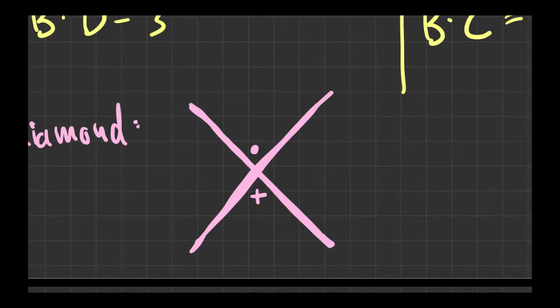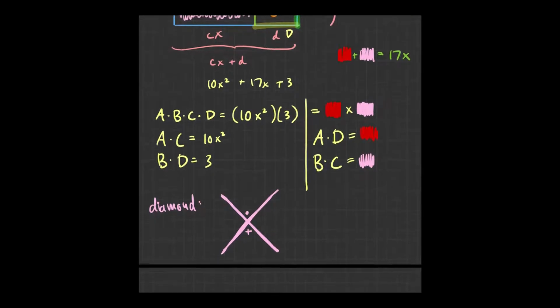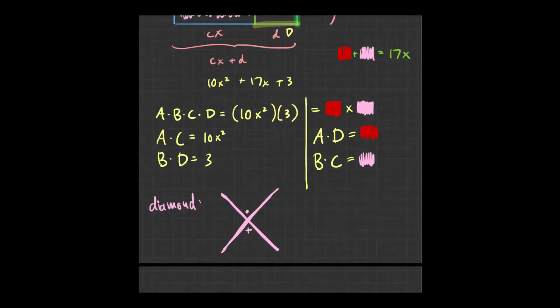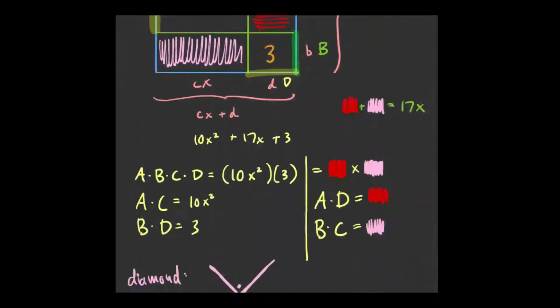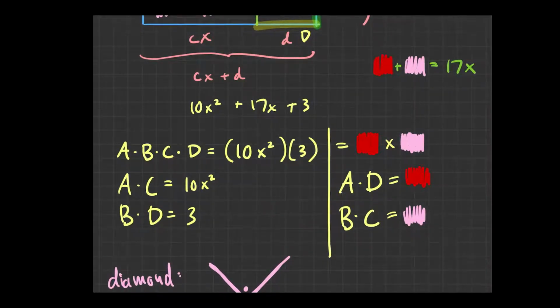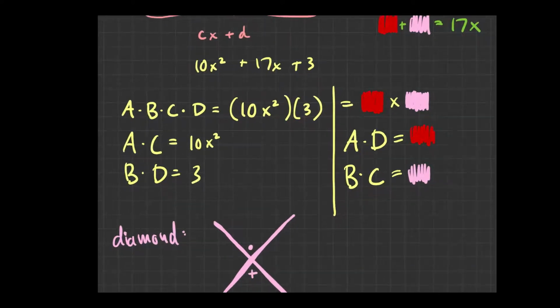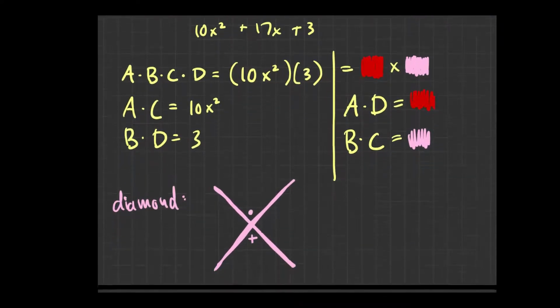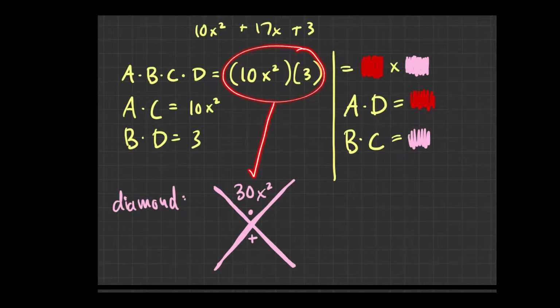So what we want is when we multiply our numbers together, we get 10x squared times 3, which is 30x squared. That's what's coming from this. So that's our 30x squared.